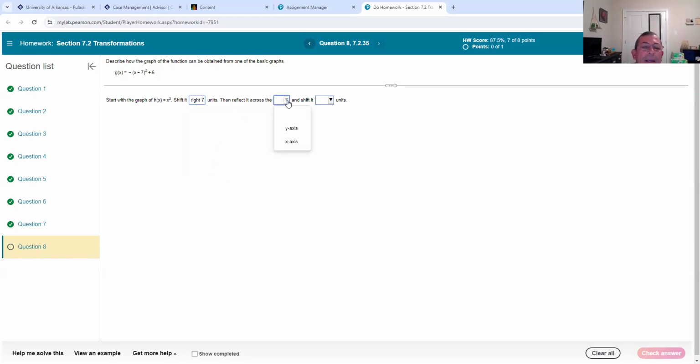Then you're going to reflect it across the what? The x-axis. Good job. And then that plus 6 at the end, we're going to go up 6, down 6, down 7, up 7.